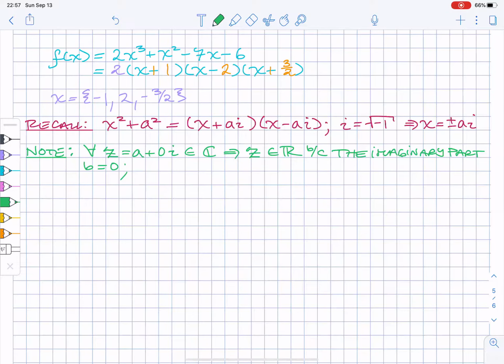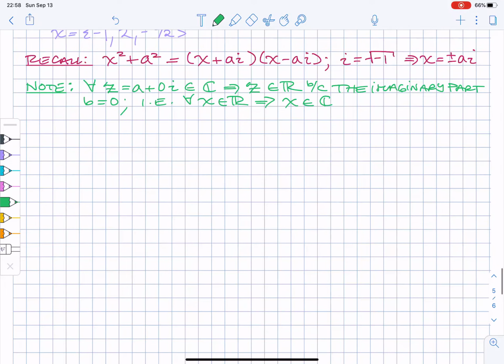So that is, for all real numbers x, this implies x is also an element of the complex numbers, whose imaginary part is 0.